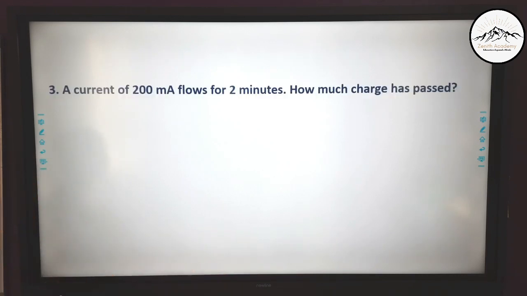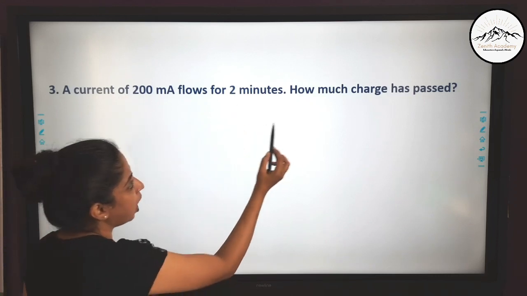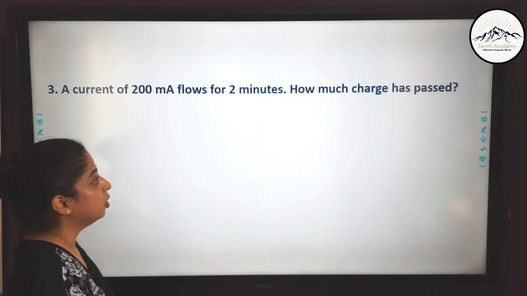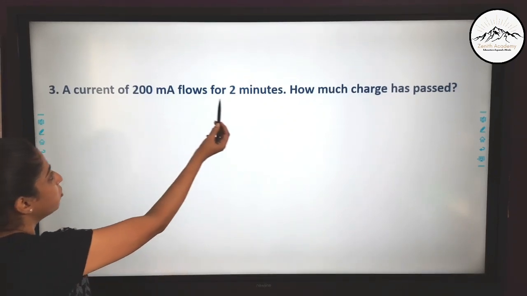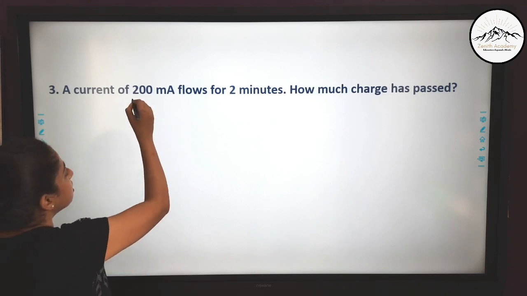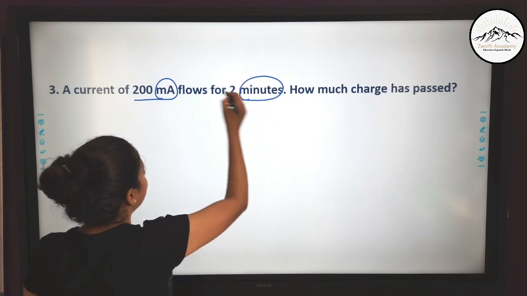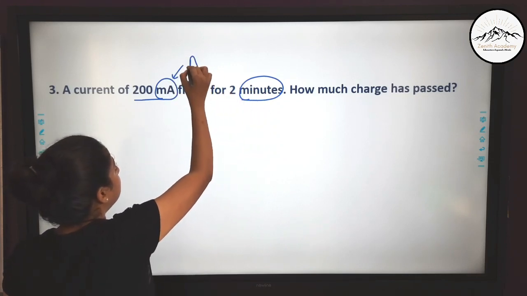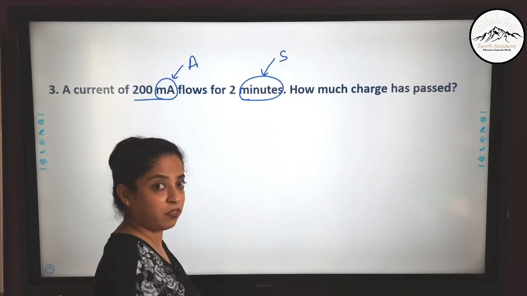Let's see another question. A current of 200 milliampere flows for 2 minutes. How much charge has passed? Again, charge is current into time, but here the units are milliampere and minutes. We have to convert milliampere into ampere and minutes into seconds. This is a very easy conversion.